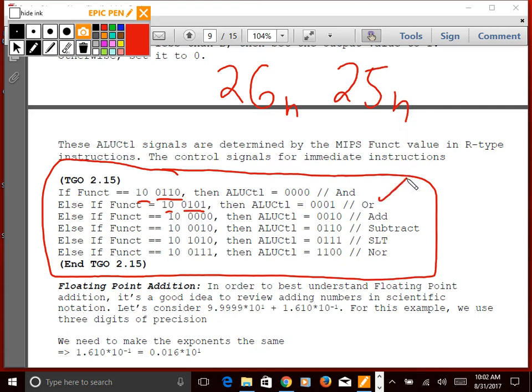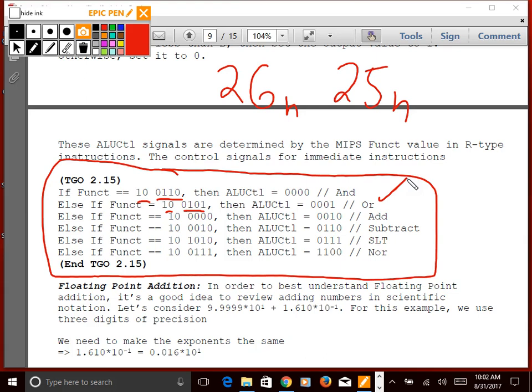What's actually happening is the function is coming into what's known as the ALU control, which gives you the ALU control signal. This is coming from the actual instruction, and it gives you this 4-bit ALU control value, which is then sent to the ALU. As we'll learn later on, the ALU controller and the functions perform other operations.